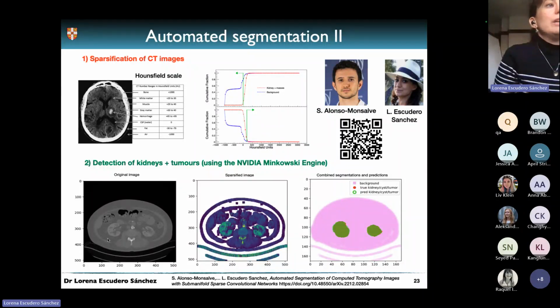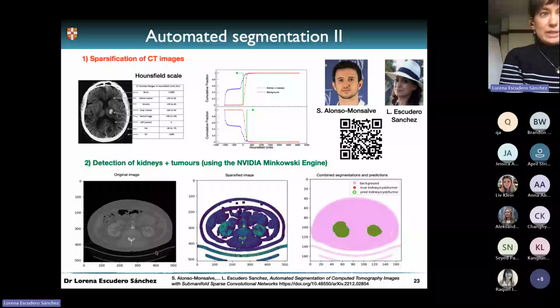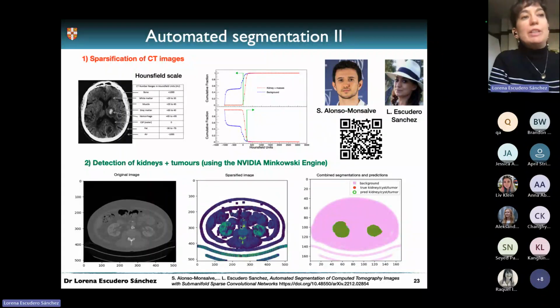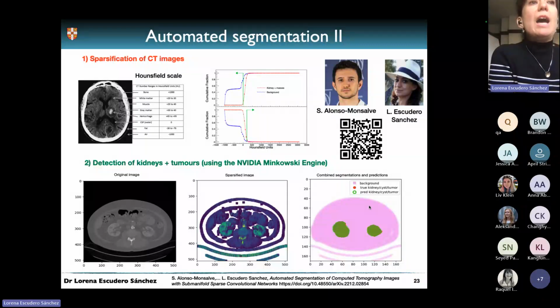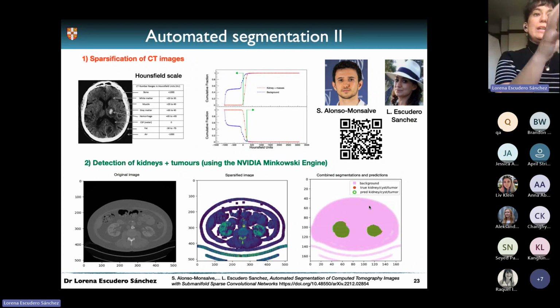We know there's not going to be any tumor in bones or in anything that is in different tissue ranges. So we implement that as an intermediate step of sparsification, and then we use the NVIDIA Minkowski Engine, which is a submanifold sparse network, and we are getting very competitive results. This is for kidney cases, so finding the kidneys and finding the tumors.